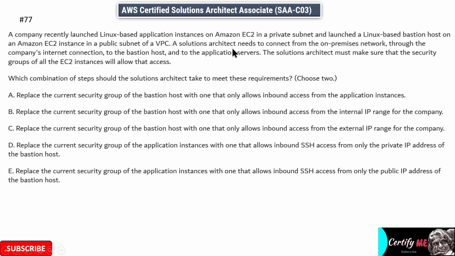A solutions architect needs to connect from the on-premises network through the company's internet connection to the bastion host and to the application servers. The solutions architect must make sure that the security groups of all the EC2 instances will allow that access. Which combination of steps should the solutions architect take to meet these requirements? Choose two options.